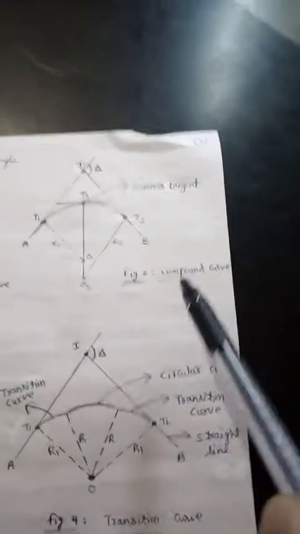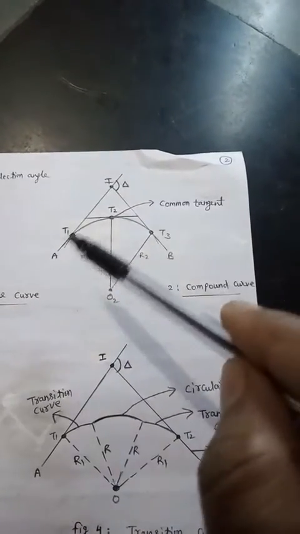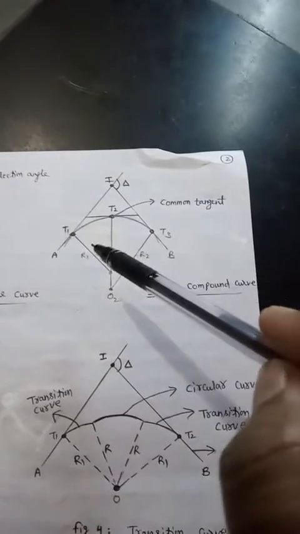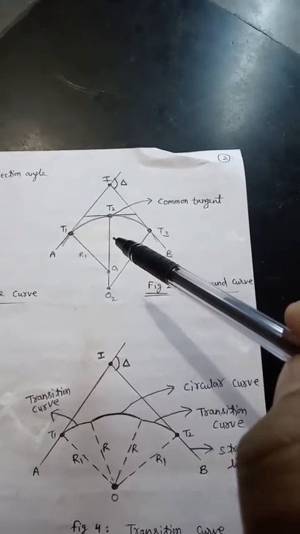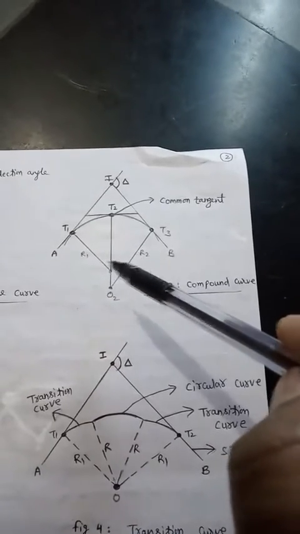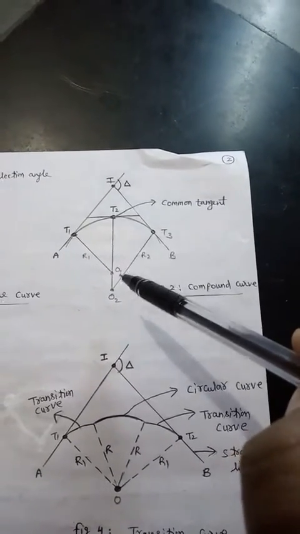This is the compound curve figure. This curve has two or more circular arcs with different radii.